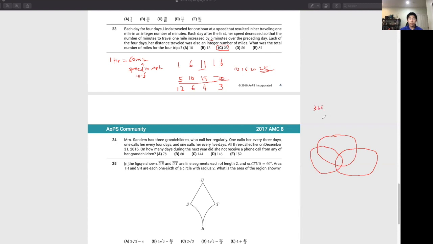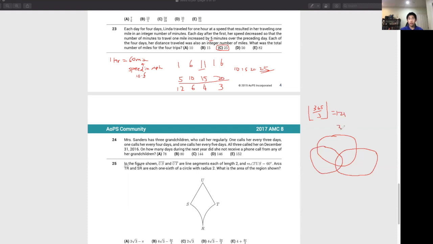And for example, let's say how many days is the child calling every 3 days going to call? Well, that person is going to call number of days divided by 3, rounded down. And that's equal to 121.